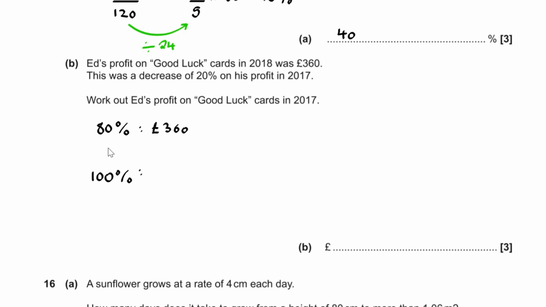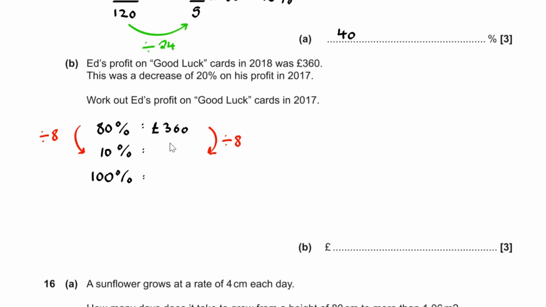And we have to find essentially 100%, the original amount in 2017. What we can do first of all is find out what 10% is, and then find out what 100% is. So, to go from 80% to 10%, we have to divide by 8. So we also have to do the same thing on this side. We have to divide by 8.